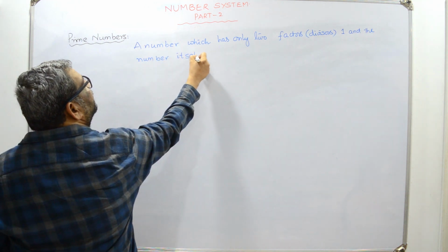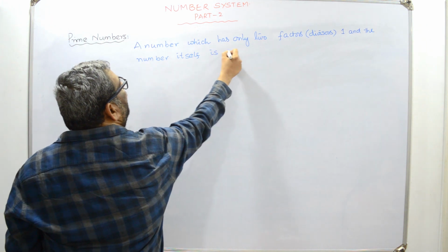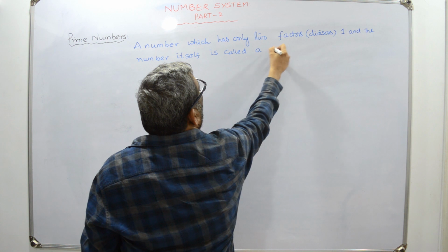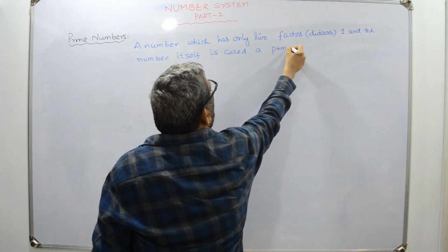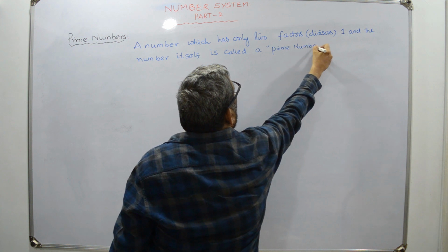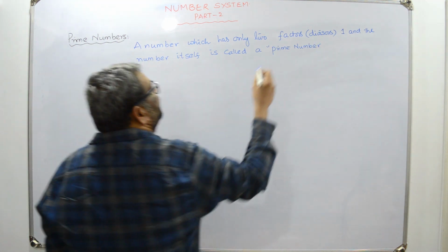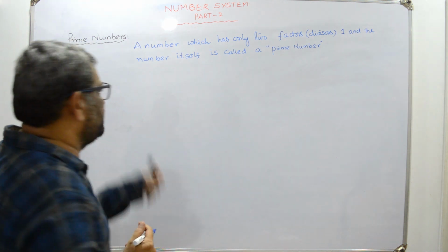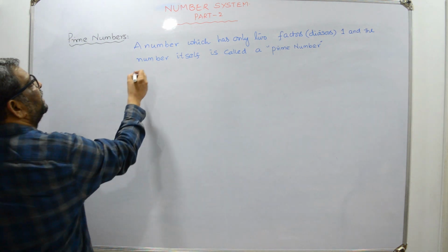A number which has only two factors, one and the number itself, is called a prime number.